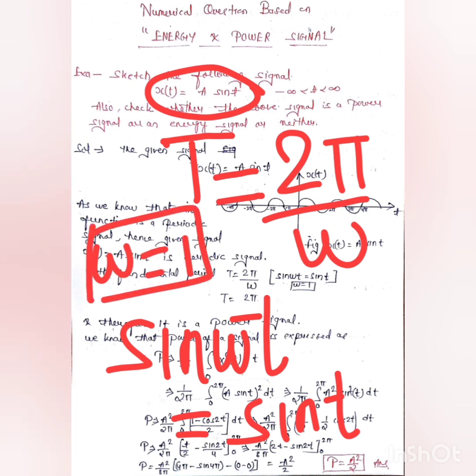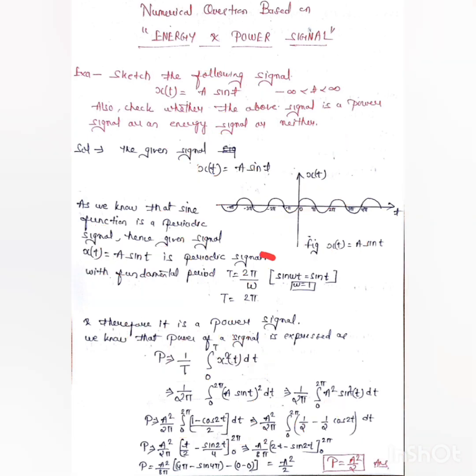We simply put omega equals 1 in this time period formula, so we get T equals 2 pi. That means the waveform repeats periodically with fundamental period 2 pi.